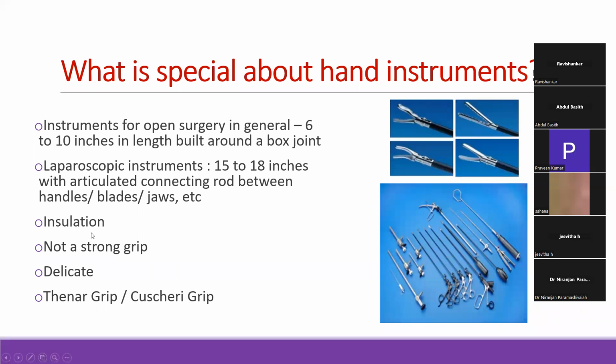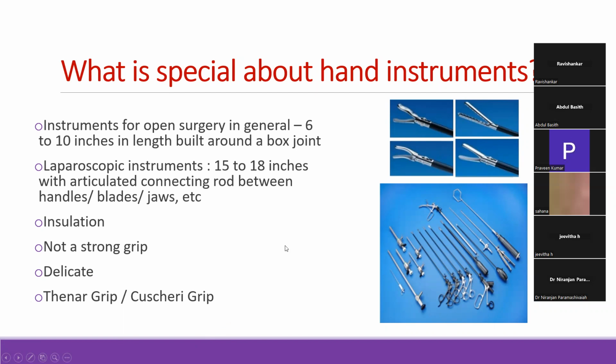As you said, insulation is important. And however good your instruments are, because they're thin instruments, most of them 5 mm, occasionally 10 mm, they are not very strong. So you can break or bend these if you're not careful. And above all, the grip is important.